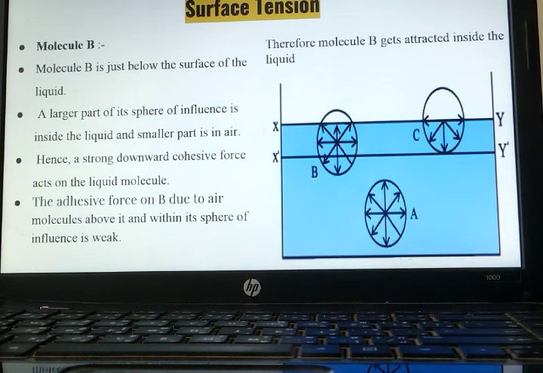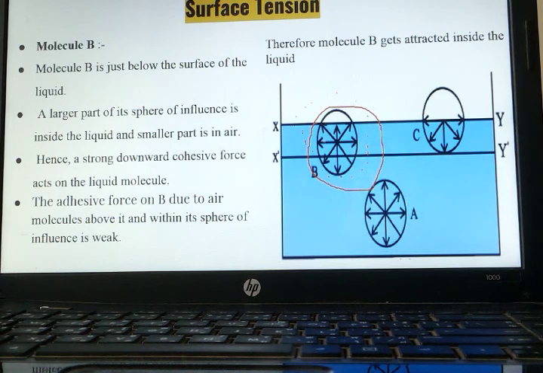Now we will move to molecule B. Just look over here. The sphere of influence lies mostly within the liquid, but a minor part is outside the liquid. You might know that the density of liquid is much greater than the density of air.